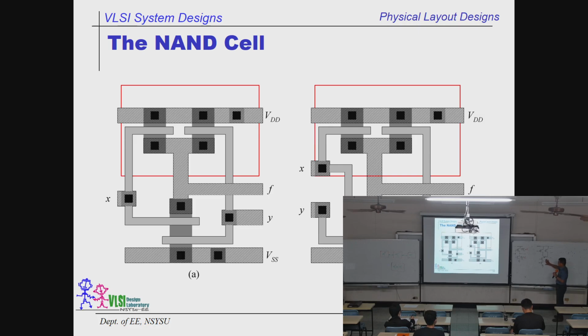So right now, if we cascade them together, this 2R will become 2R. That is bad. So what we do, we like to have similar current sinking capability.